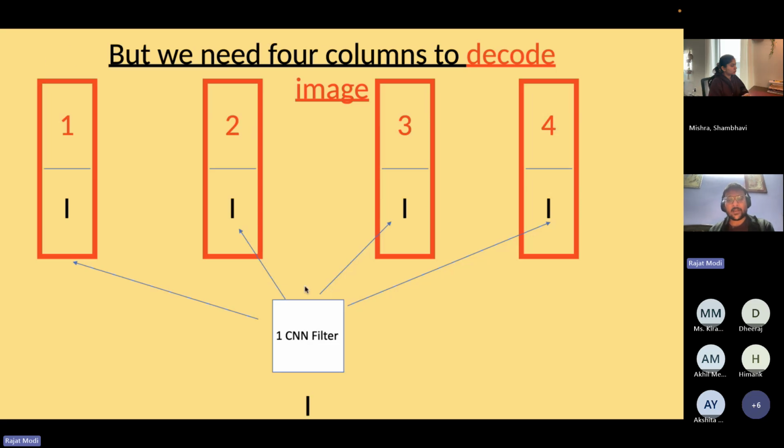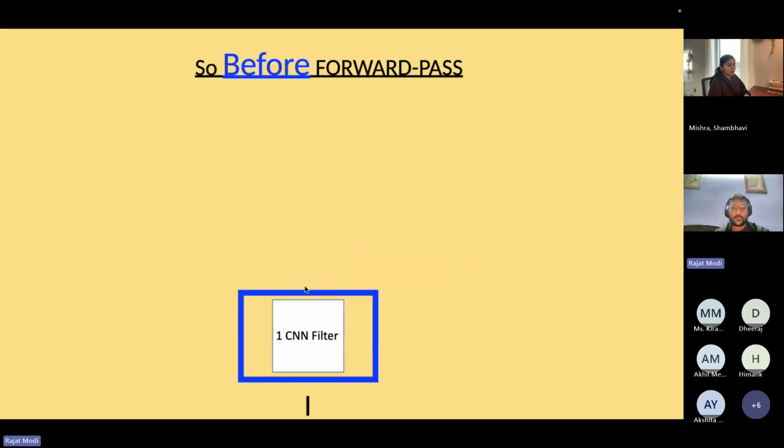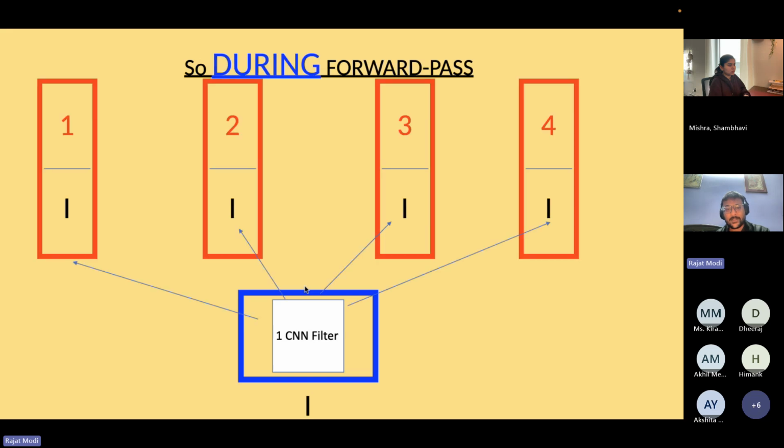So the learnable parameters in this whole network are only in one CNN filter. You take the image, you route the representation to it, and then you copy it many times, equal to the number of locations in the image, and you attach a hard-coded positional encoding every time. Before your forward pass, your network just contains one CNN filter. After the forward pass, this filter gets copied and it gives you 4 such queries.